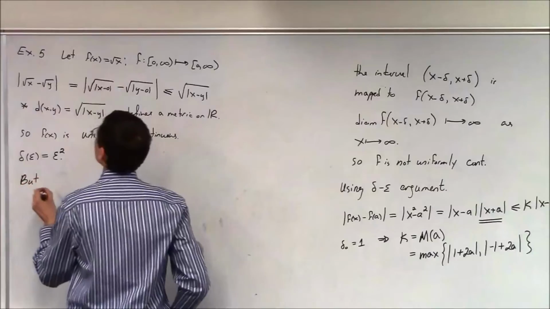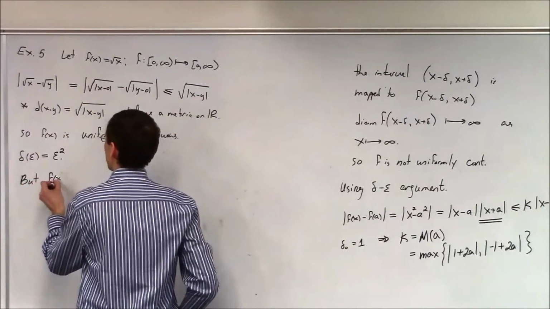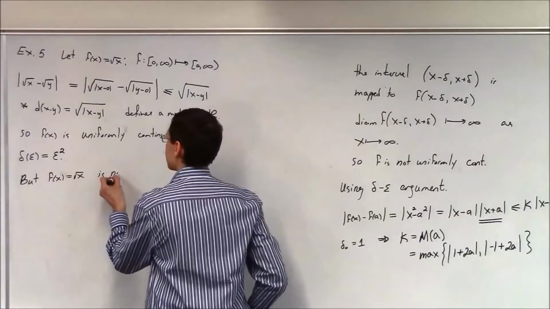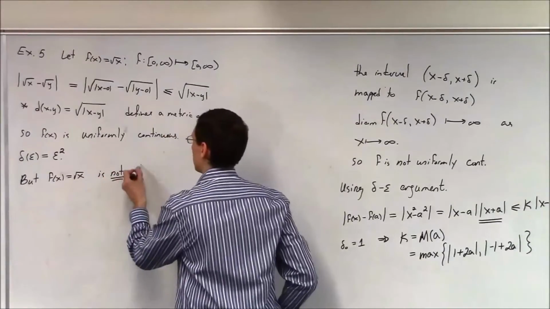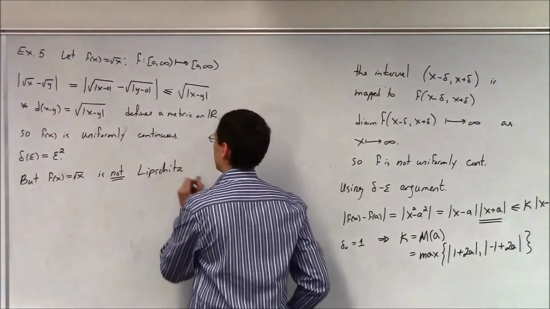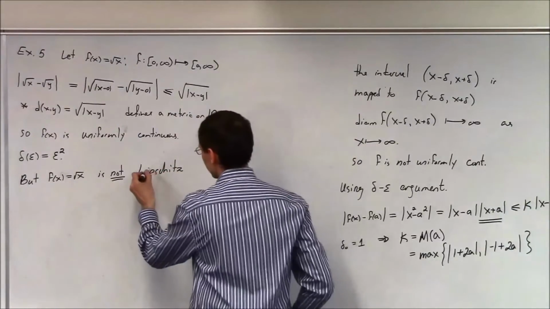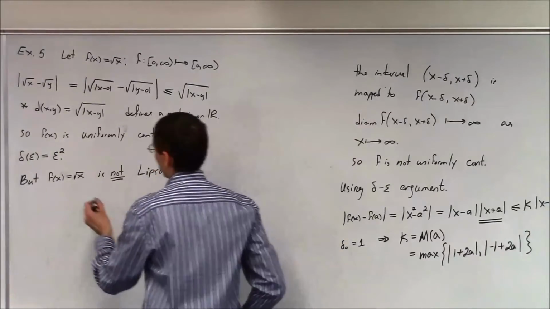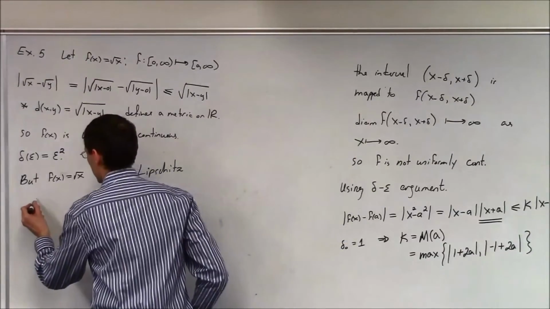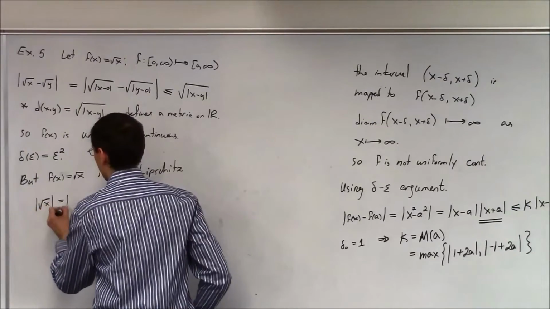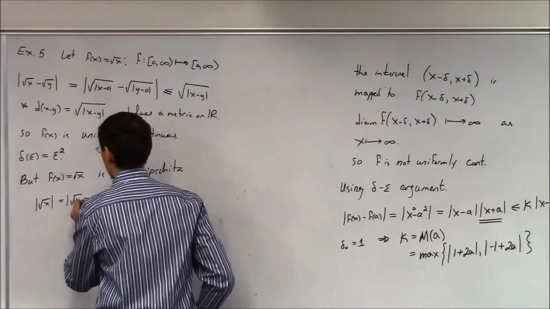But f of x equal to root of x is not Lipschitz. So why is it not Lipschitz? Because if it were, you can just take the absolute value of root of x, which is the absolute value of root of x minus root of 0.